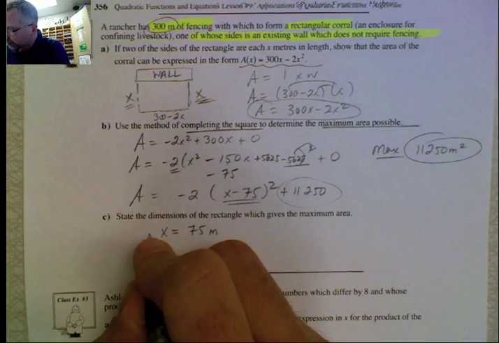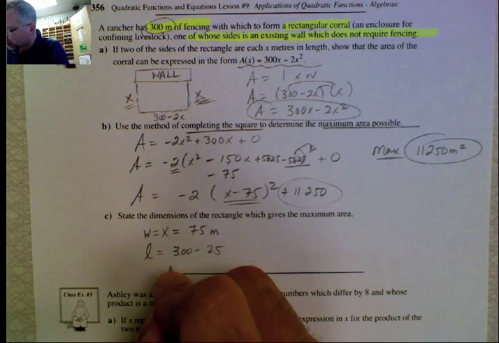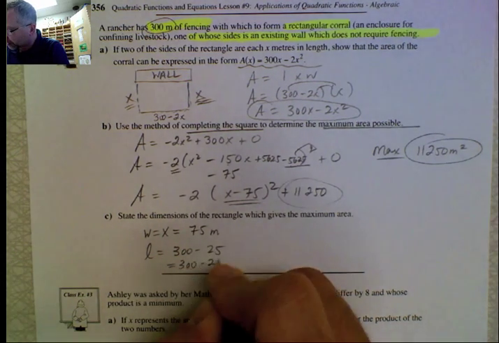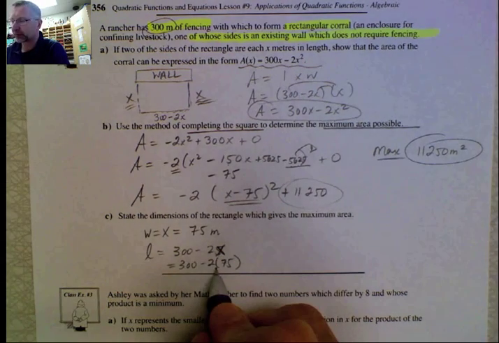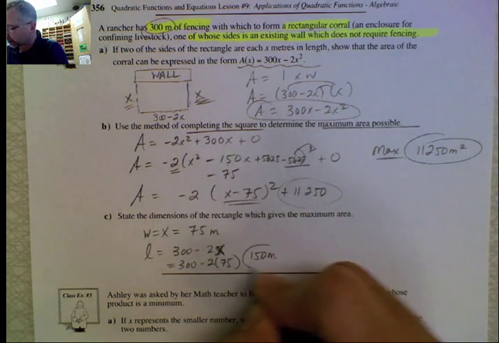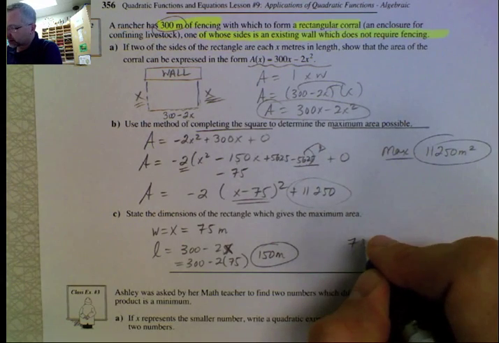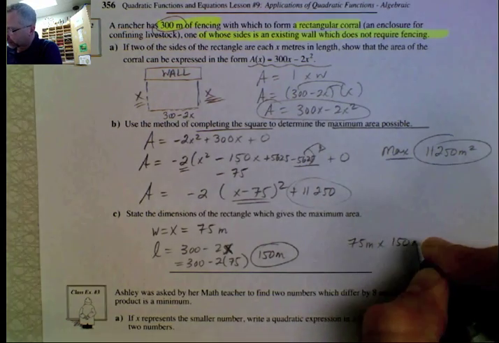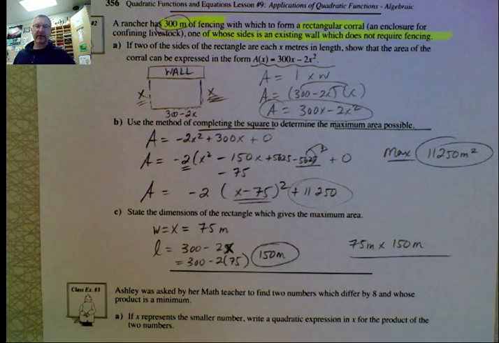Our length is going to be 300 minus 2x, or 300 minus 2 times 75. 2 times 75 is 150, and 300 minus 150 tells us our length is 150. So if we state it, it's 75 meters by 150 meters as the dimensions of that particular pen.